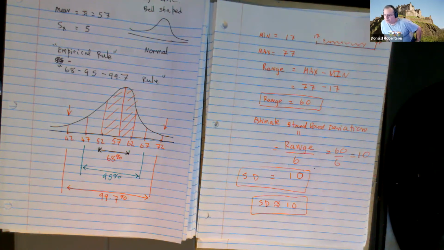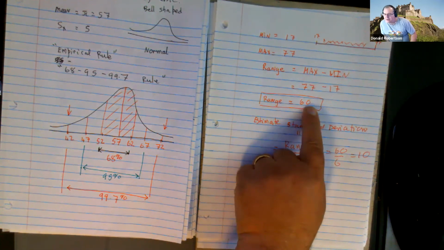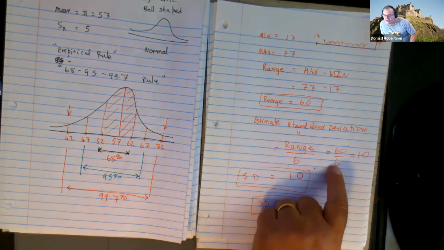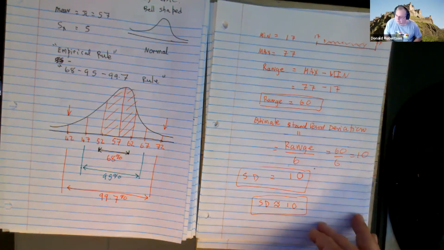What's an estimate for the standard deviation? So if you get a question where you're told the minimum and the maximum, and they ask you to estimate the standard deviation, first you calculate the range, which they'll probably ask you to do, but if they don't, calculate it anyway. And then divide the range by 6, always 6, and that's your estimate for your standard deviation. Are we good?